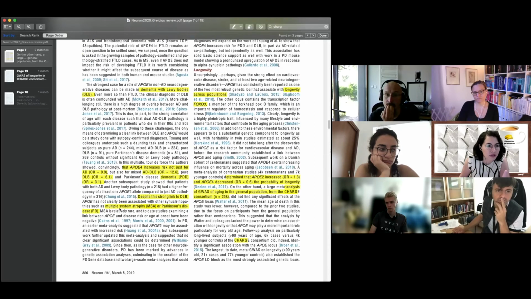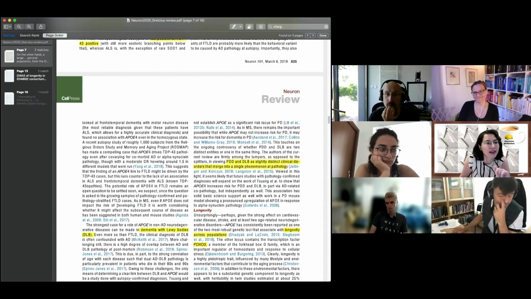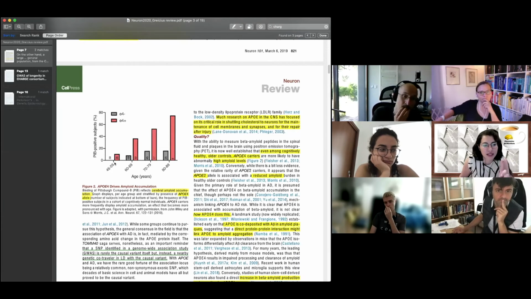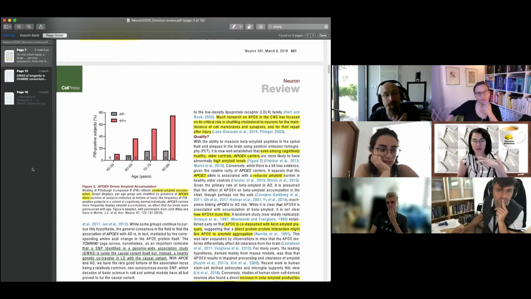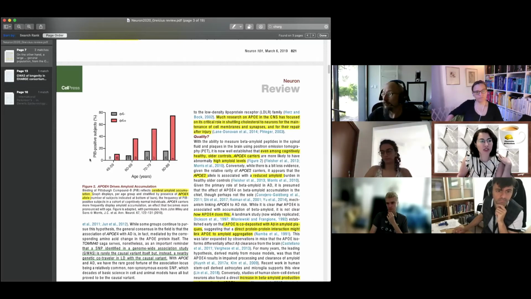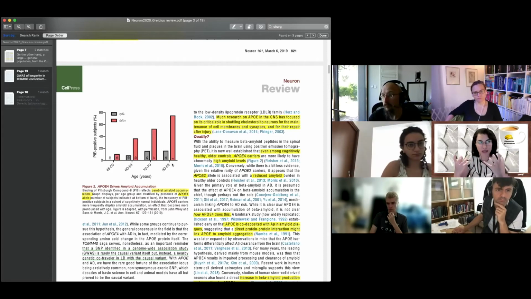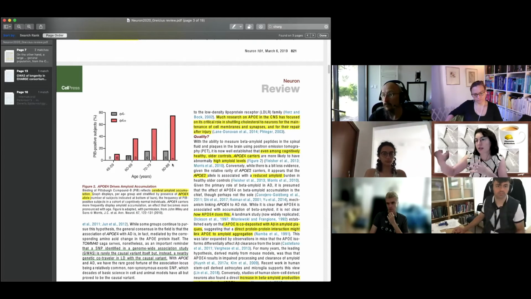The really first figure, I'm going back. Here, there is not this clear link between APOE4 and, for example, the amyloid accumulation. So it seems this correlation is really clear if you look at elderly people.